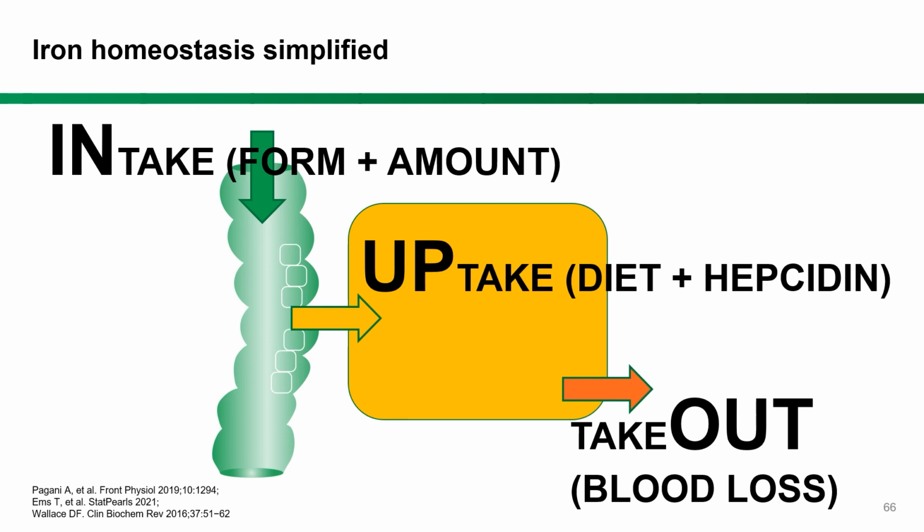Red meat is a good form of iron, spinach not a good form. The uptake of iron, there are many factors in your diet and the things you drink like tea and coffee that can block absorption, as well as hepcidin in cases such as infection or inflammation. And then, of course, the last one, any blood loss will be very important to know about.